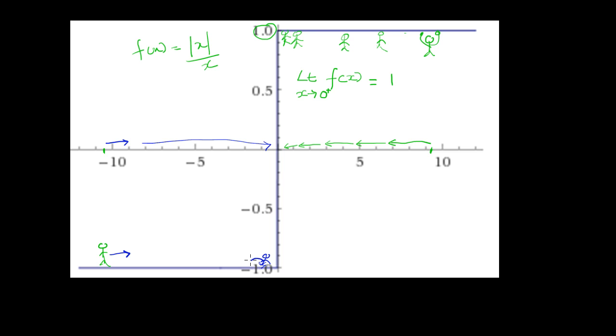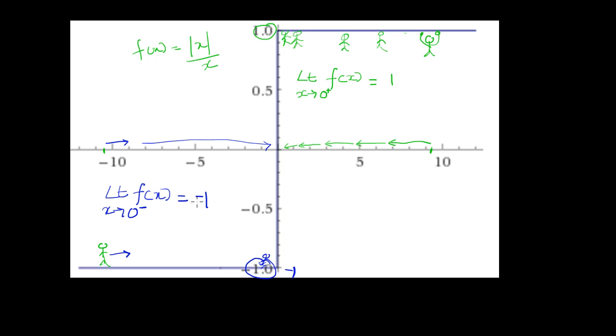What is this value? This value is -1. And what we can infer from here is that the value of the function f of x, when x is approaching 0 from the negative direction, becomes -1.